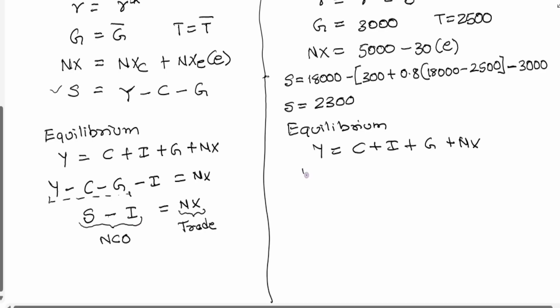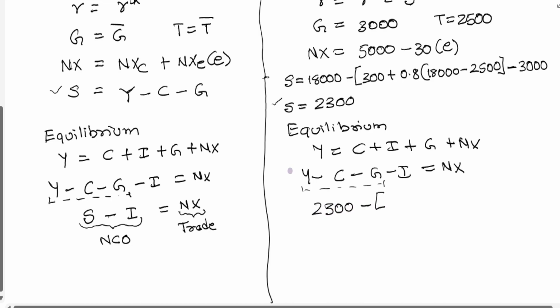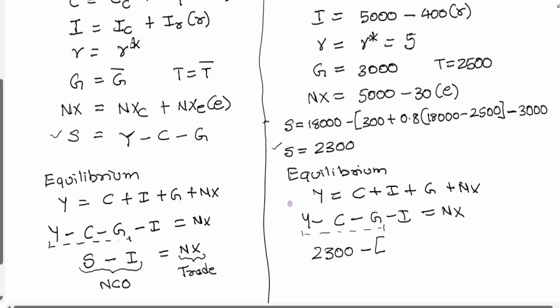So, in terms of numbers, we will still continue with the same notation that we have been using on the analytical side, and just plug in the values. We know that Y minus C minus G in our example is savings, so that is 2,300, and the investments, notice, is 5,000 minus 400 r.